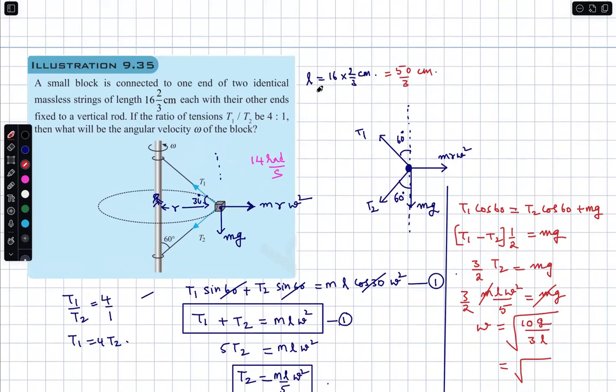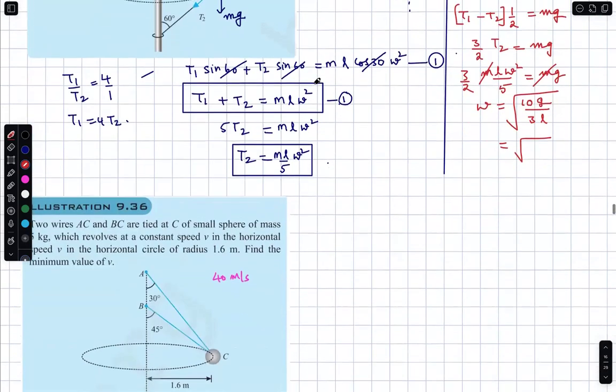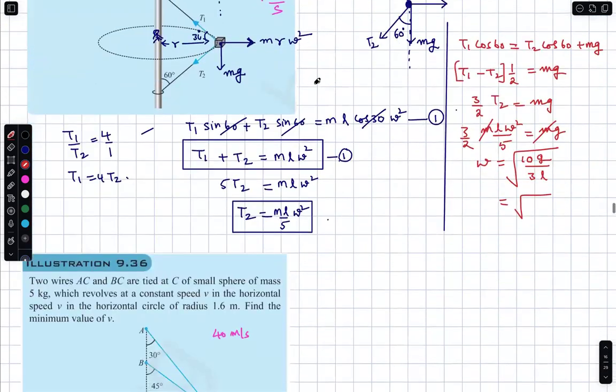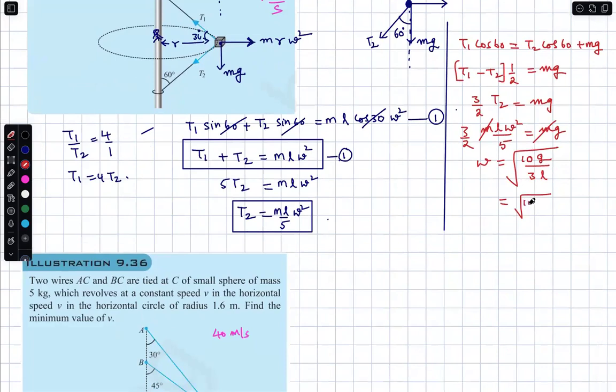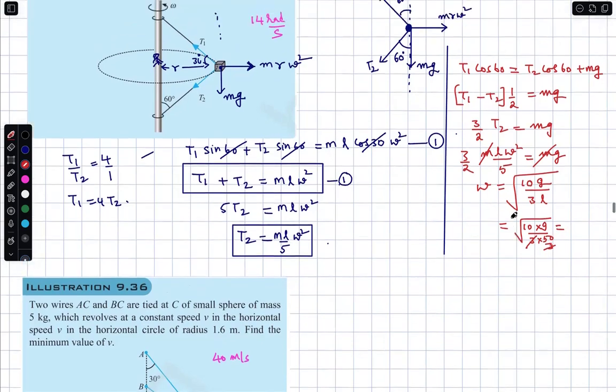You will apply 10 into g by 3 into 50 by 3, it is nearly 100 by 50. Just do the calculation, as we see centimeters also. Just solve this and you'll get the answer. But my final result is still root of 10g by 3l.